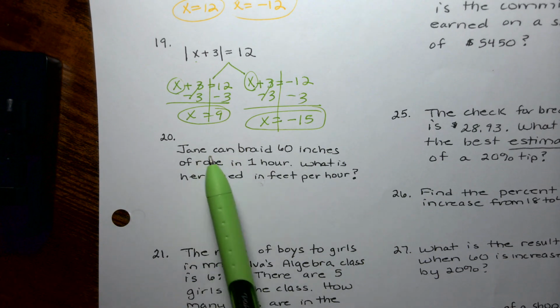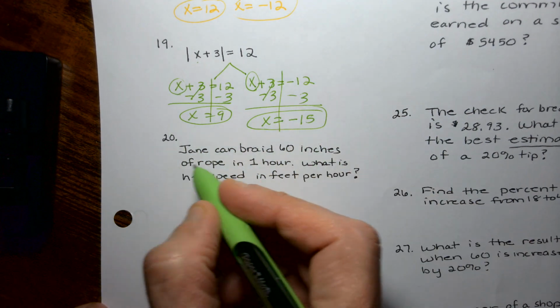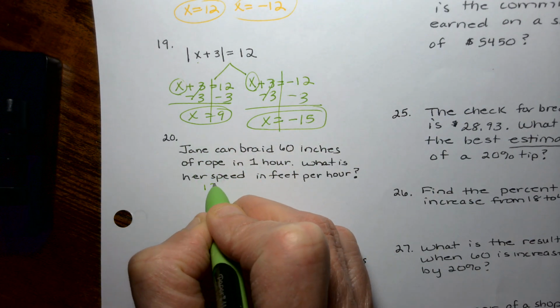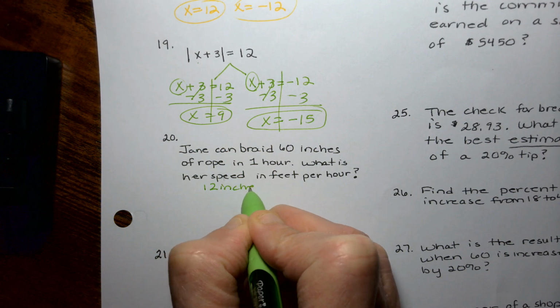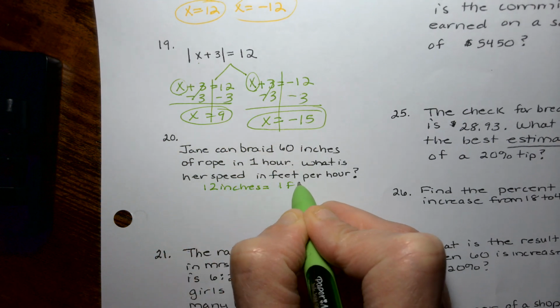All right, so Jane can braid 60 inches of rope in 1 hour. What is her speed in feet per hour? Okay, so we have 60 inches, and we know that for every 12 inches, we get 1 foot, correct?